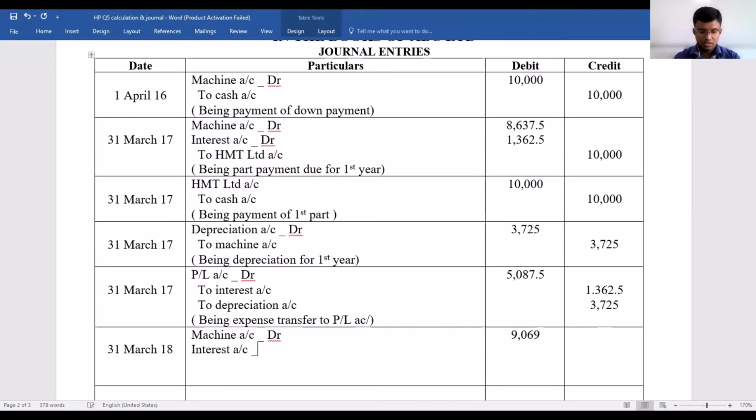Interest account debited, and this will be 931, to the vendor, which is HMT Limited account, and then this will be rupees 10,000. Being part payment due for second year.